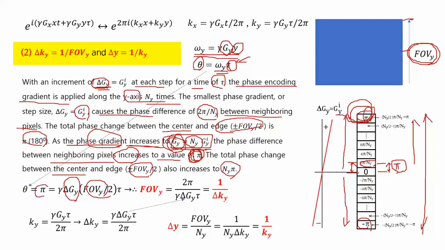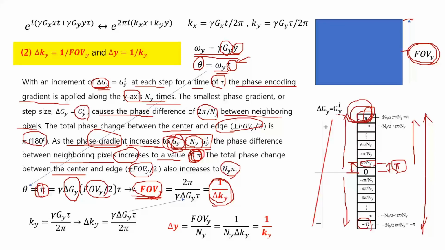So pi, and then we have FOVy is related to 1 over delta ky. So FOVy represents the image size along y direction in image space, real space.